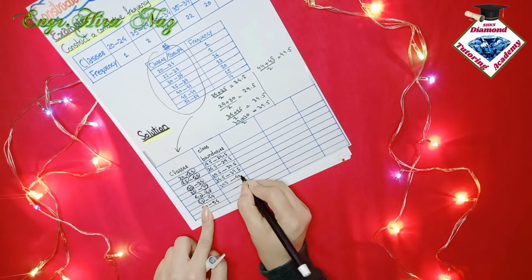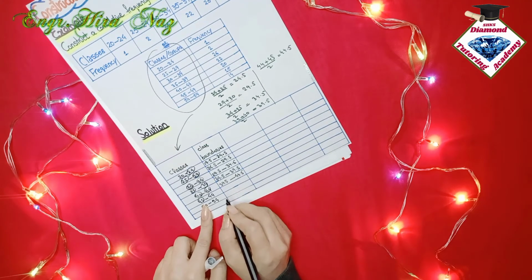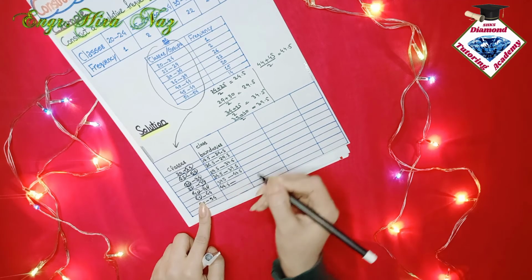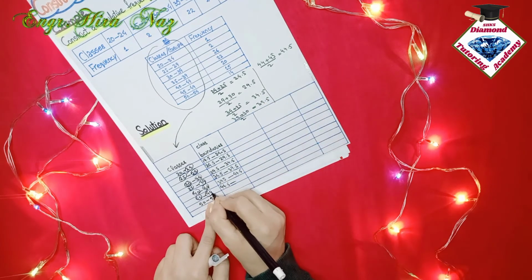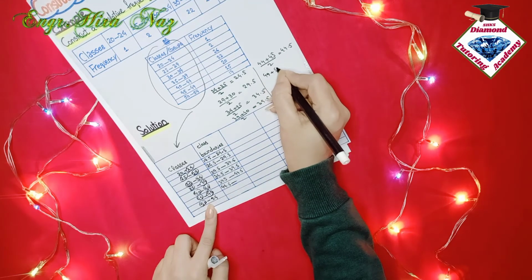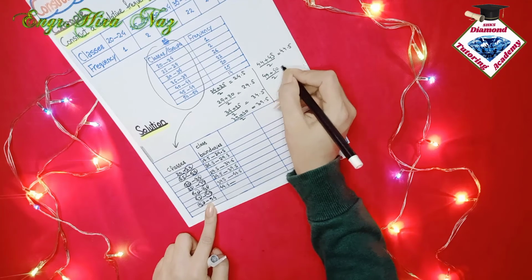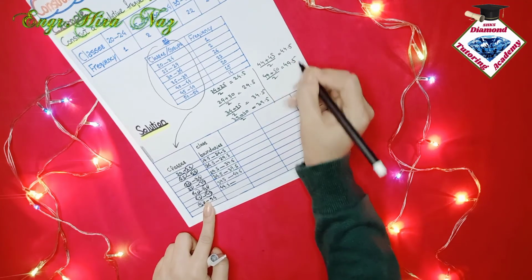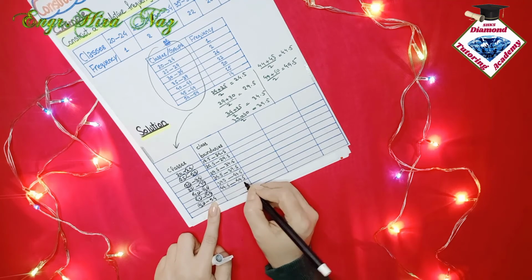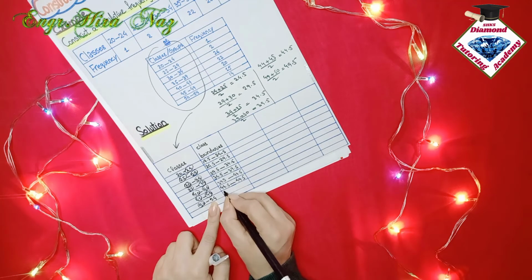So 44.5 is upper class limit for this and lower class for next, 44.5. And next we have to add 49 and 50. 49 plus 50 divided by 2 will give us 49.5. So we'll get here 49.5 as upper class limit of this and lower class for next class.